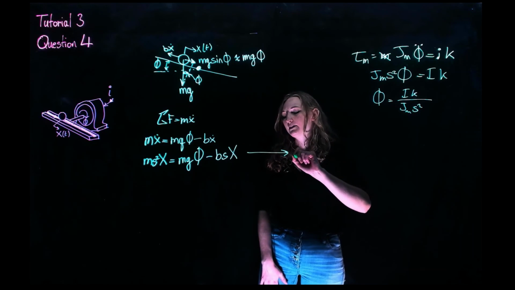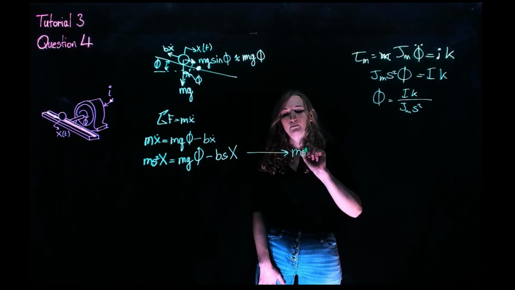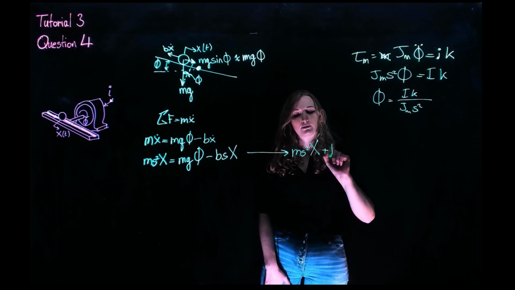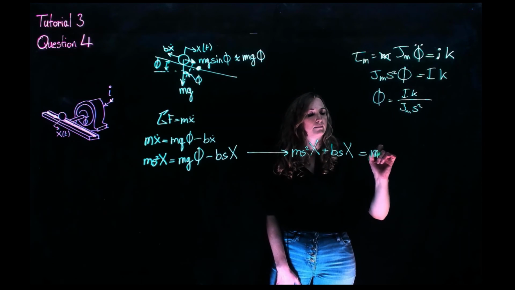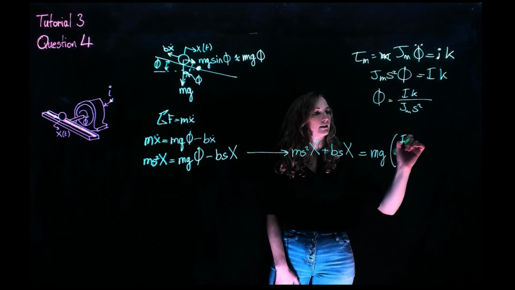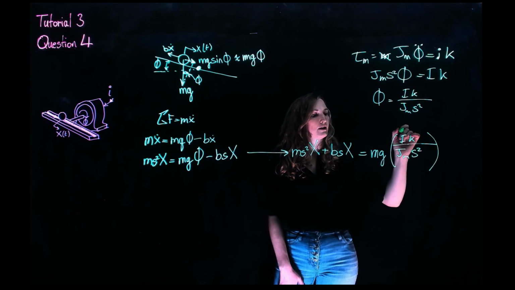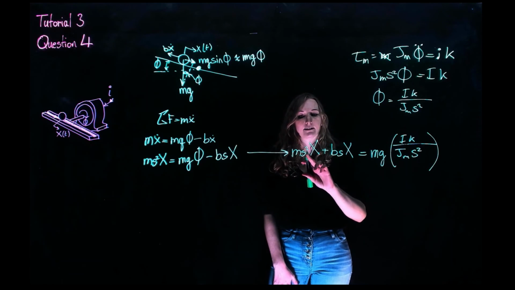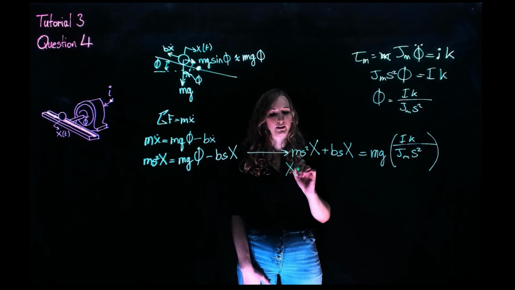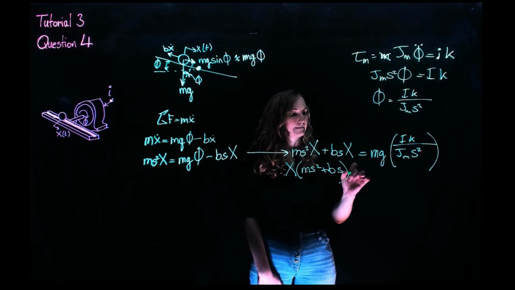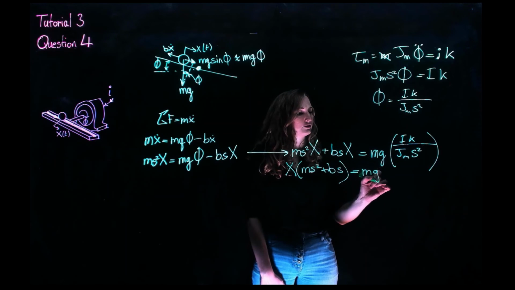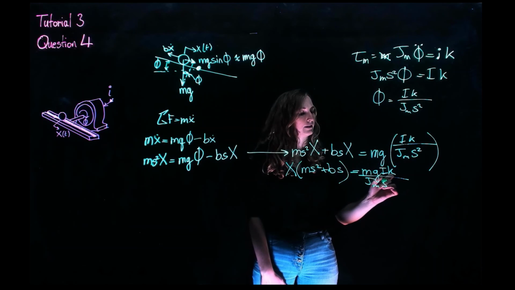So we'll write that here. We get ms squared x plus bsx, I just moved that to the other side, equal to mg ik over jms squared. I is our input and x is our output, so factor out x, we get ms squared plus bs equal to mg ik over jms squared.